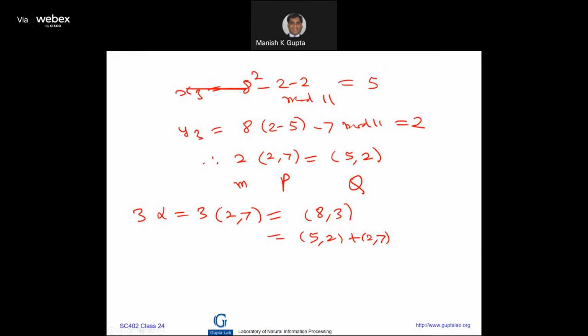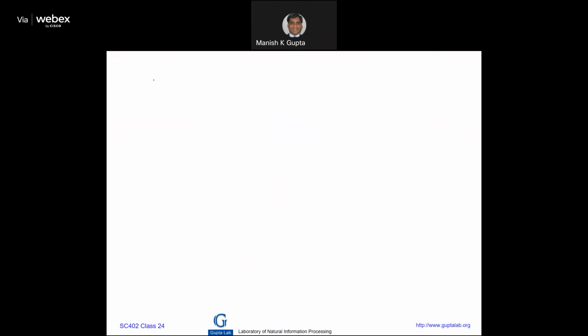So I will just write down all the values here. If alpha is 2 comma 7, you can see that 2 alpha is 5 comma 2, 3 alpha is 8 comma 3, 4 alpha is 10 comma 2.